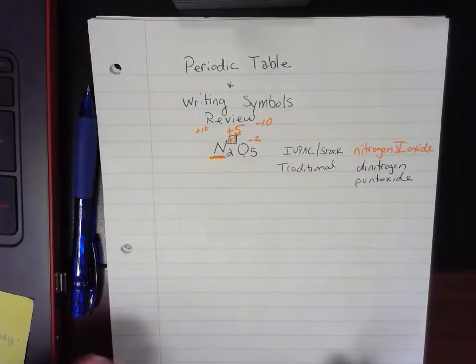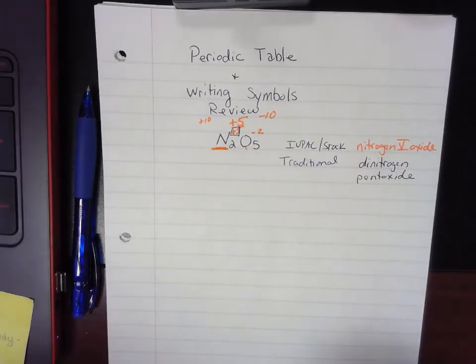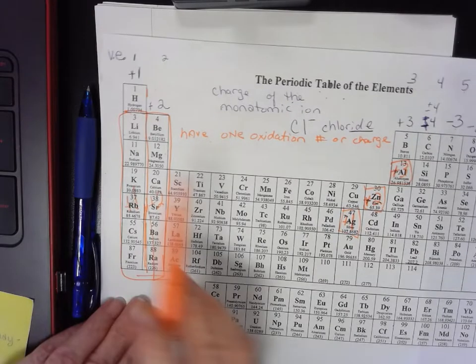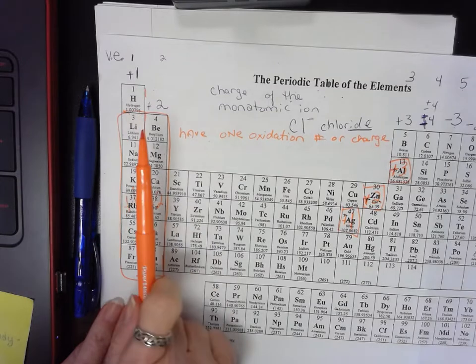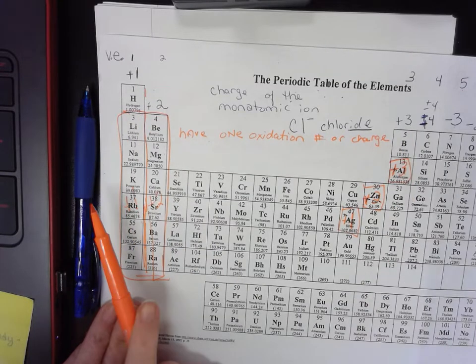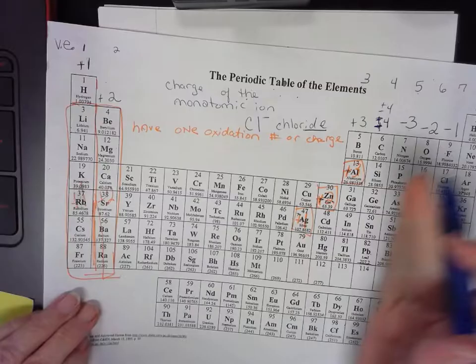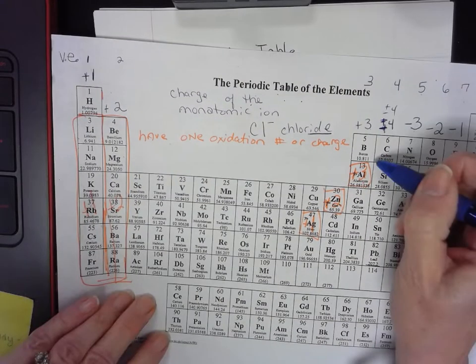The next thing that I want you to remember is over here, you are forming positive charges. So the left-hand side of your periodic table, we can pretty much draw a little line here.